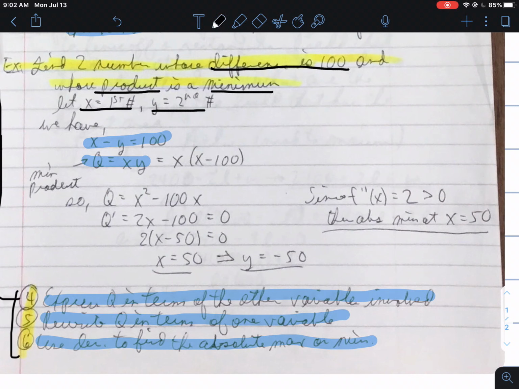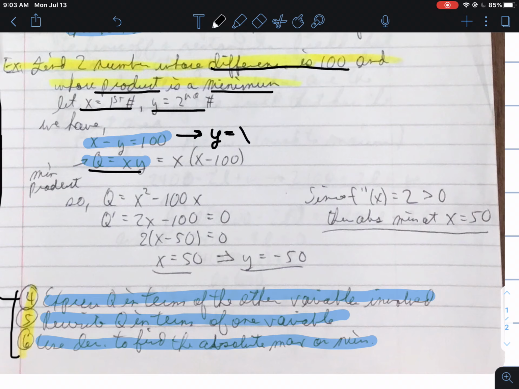I can then take that equation, solve it for one of those variables. It doesn't matter which one, you pick whichever, so that I can sub one of those variables out of our Q equation, because that's the one I'm interested in. Ultimately, that's the one I want to minimize. So in this case, what I did was I solved for y, and I have y equals x minus 100.